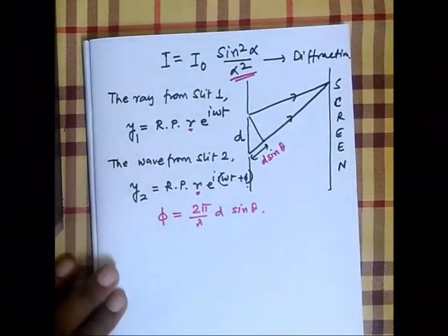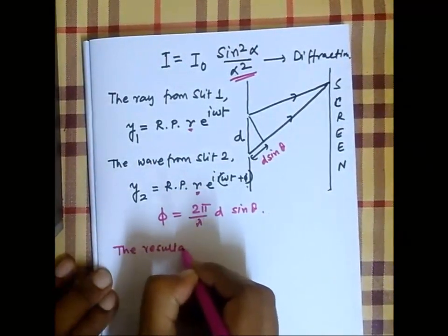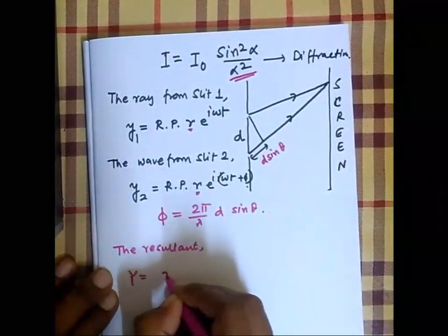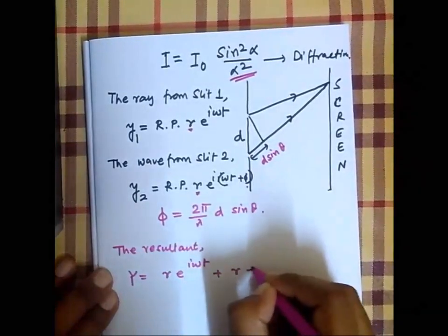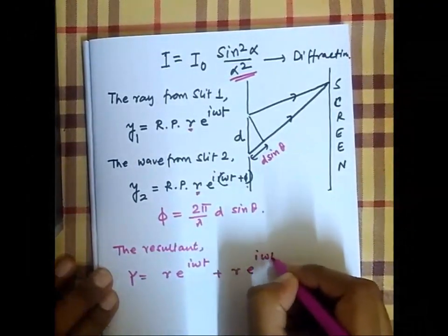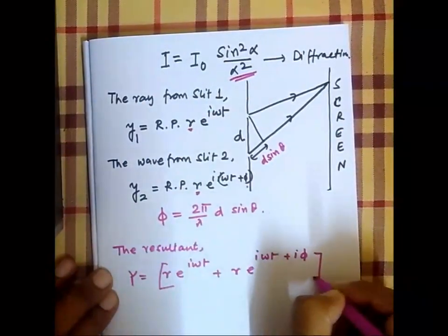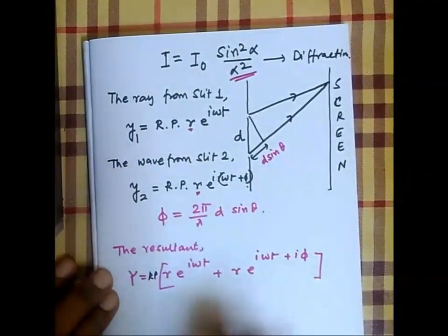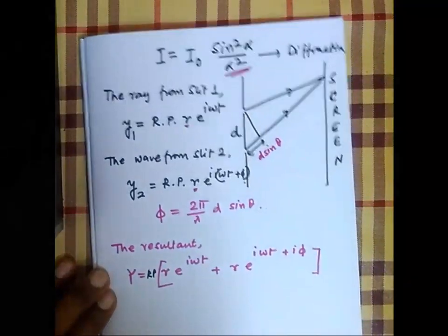So the resultant displacement y will be r e to the power i omega t plus r e to the power i omega t plus i phi. Real part of this is going to give me the resultant displacement.